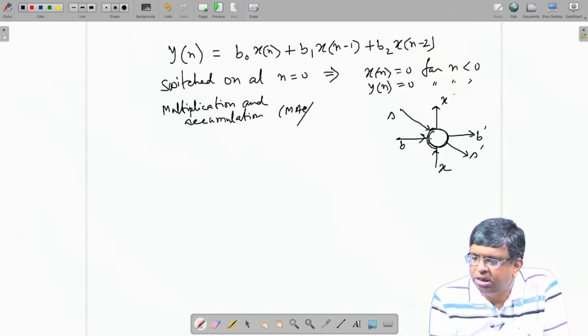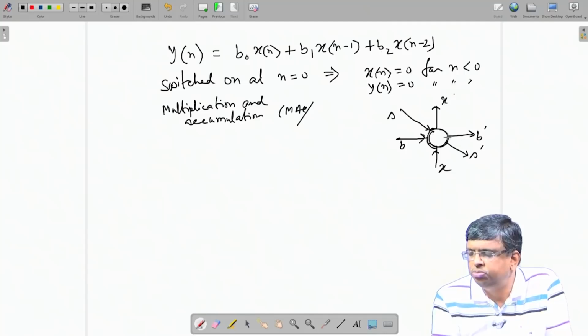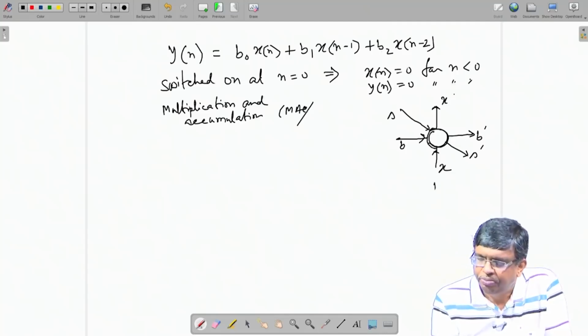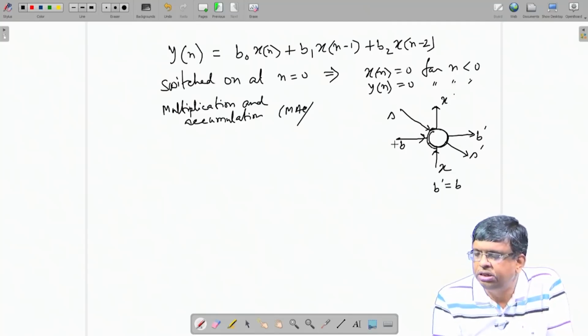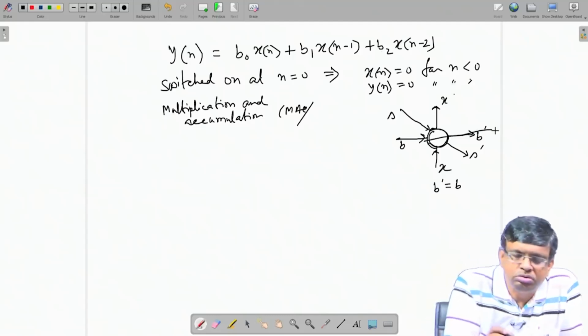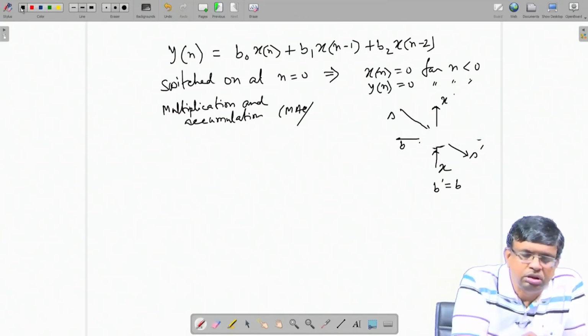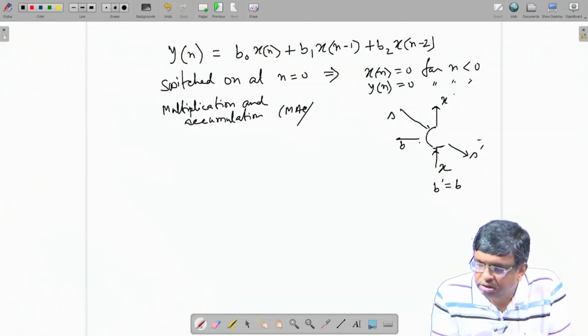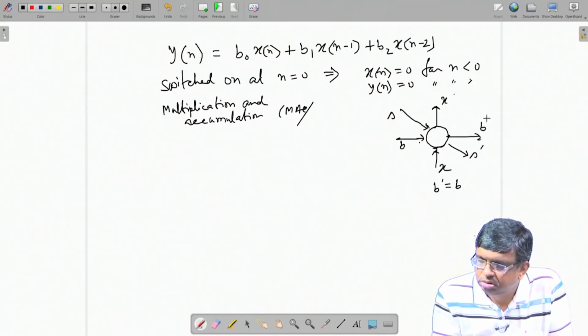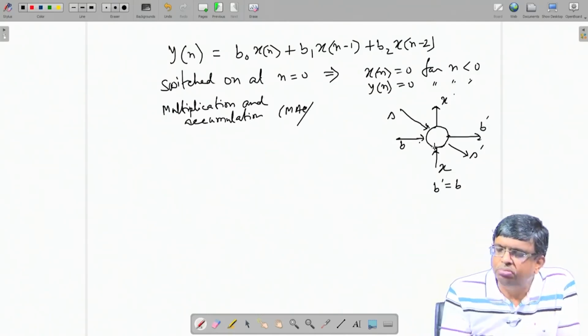whatever b comes in, the same b is moved to the right. So, b prime is same as b, that is b just passes through. Very sorry for this. This is the problem of high tech. Even if I do not touch the board, if I go close to the board, it just gets erased. Similarly, whatever x comes in, that passes through, and you get x prime.